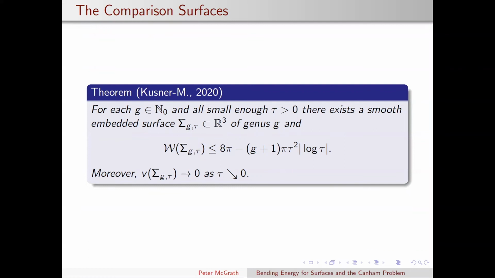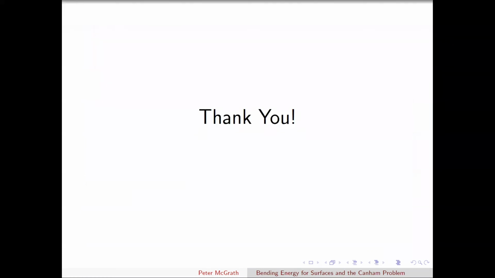I'm basically going to stop here. So that's my last slide. Before I stop, I would like to mention that I said nothing about uniqueness or classification. So you'll notice in this whole talk, all I was talking about is existence. And the method by which these surfaces, these minimizers, are constructed is extremely inexplicit.